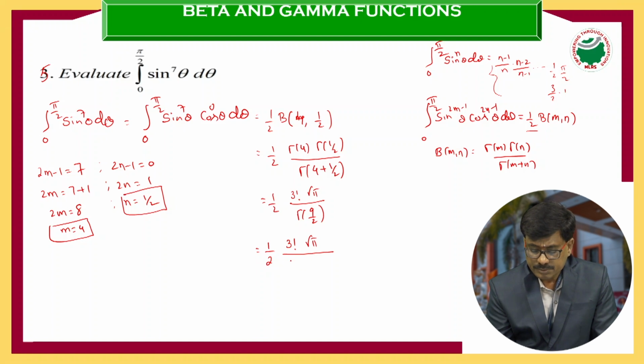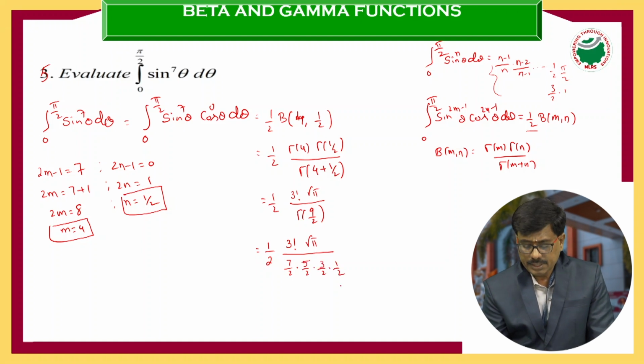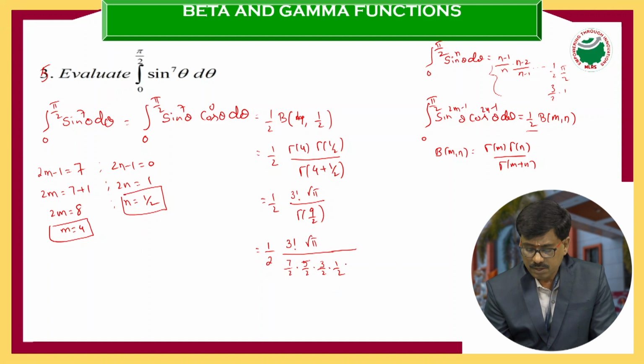How do you write gamma of 9 by 2? 7 by 2 into 5 by 2 into 3 by 2 into 1 by 2 into gamma of 1 by 2, and gamma of 1 by 2 is equal to root pi.